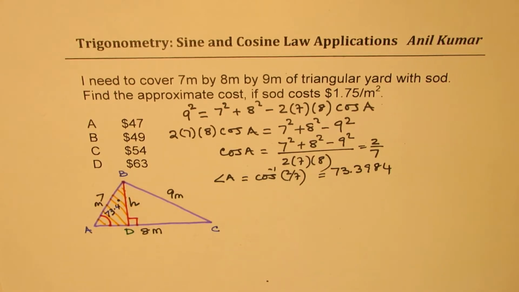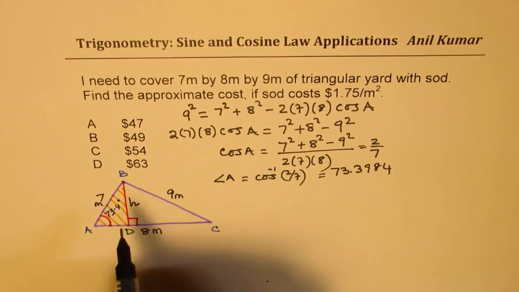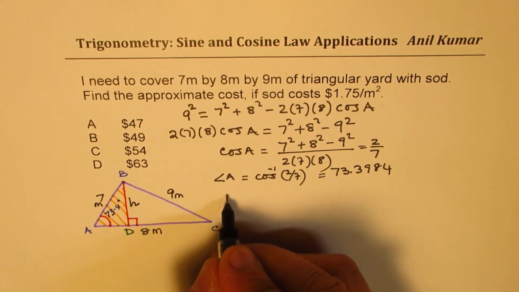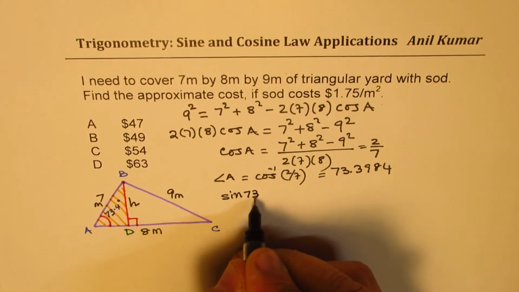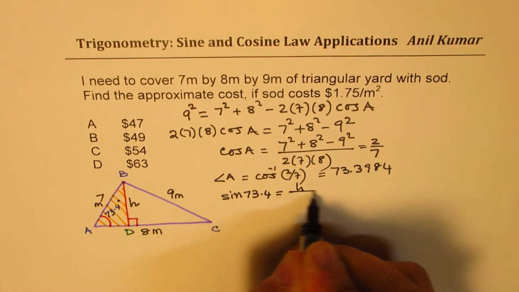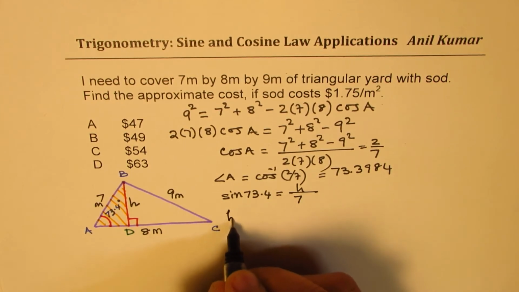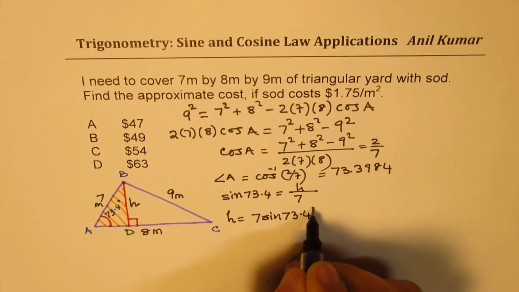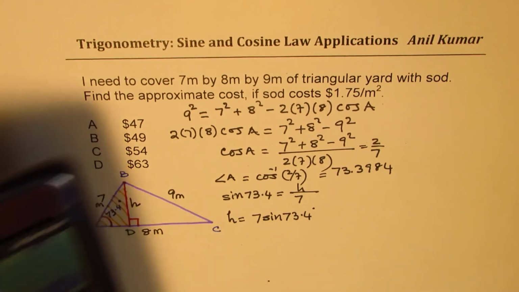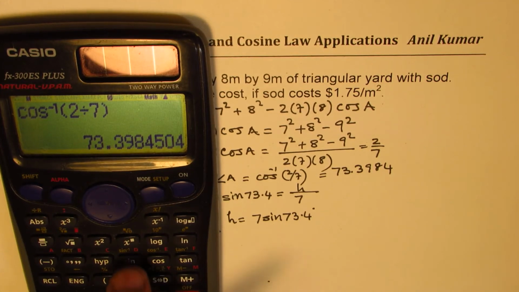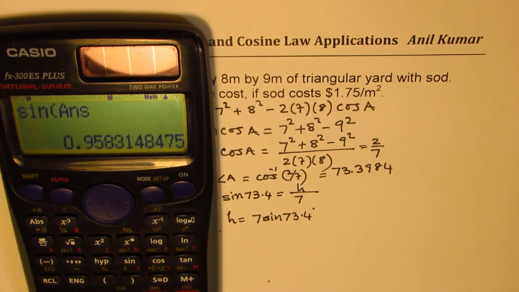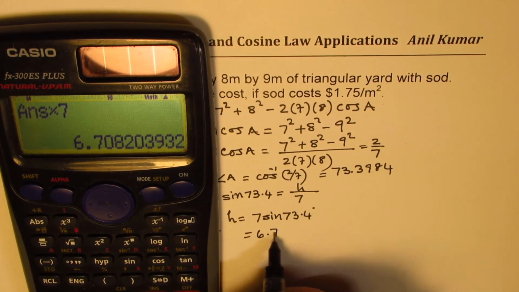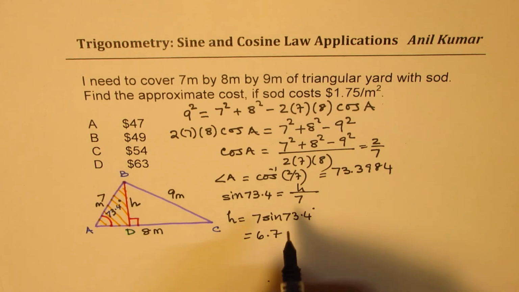We know the hypotenuse, so we'll use sine of 73.4 equals height over 7. So height is equal to 7 times sine of 73.4 degrees, correct? We already have this angle here. We just take sine of this, times 7, and we get a height of 6.7 units. The unit here is meters.